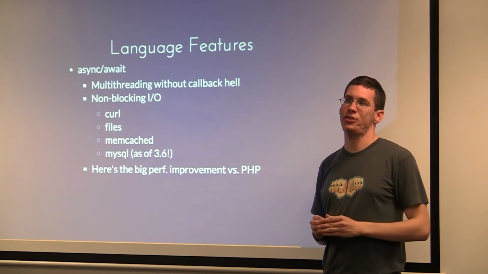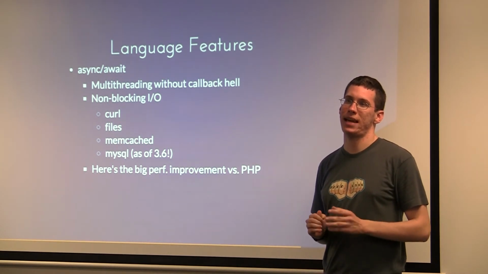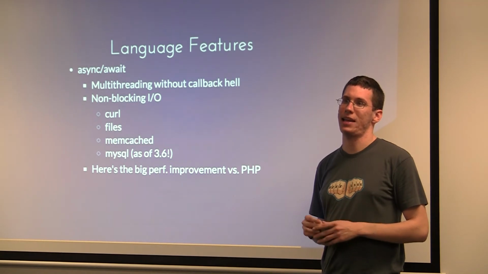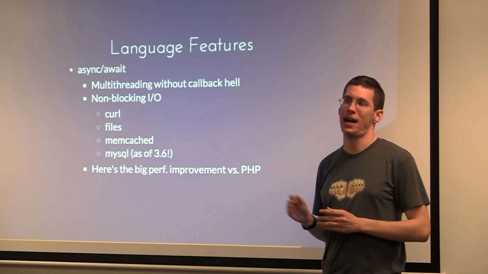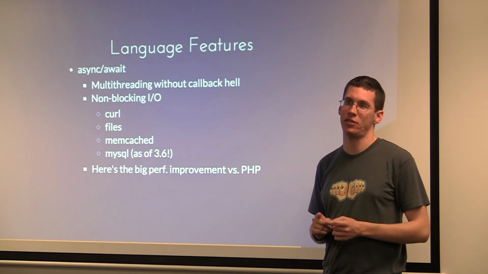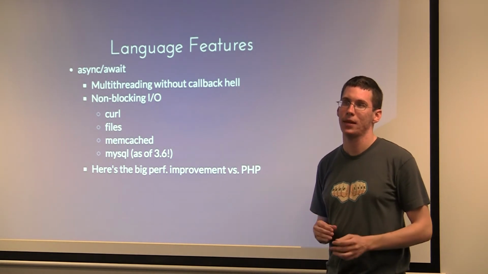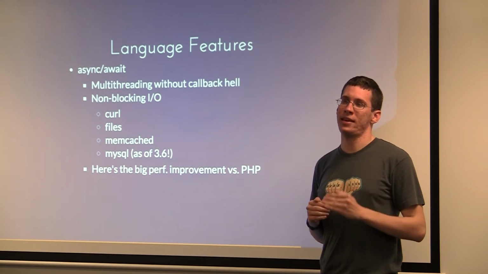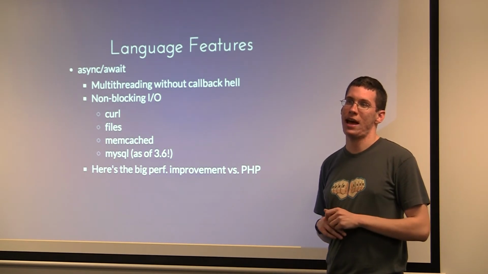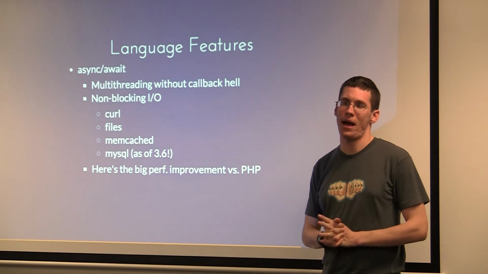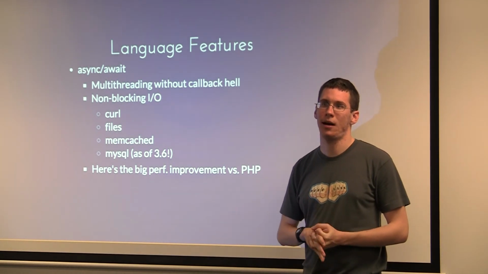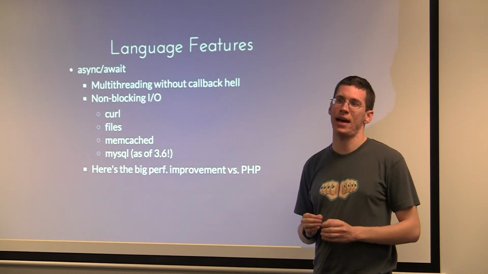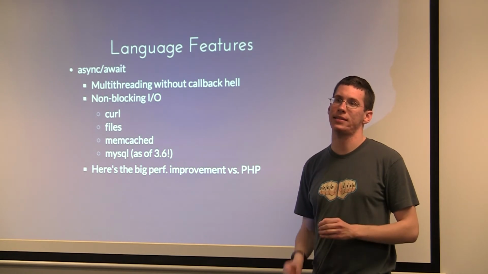You can manage those operations asynchronously, and databases are live on this as of the latest version of HHVM for MySQL, such that you can do things in parallel in your code without having to write a big old callback pyramid of doom.